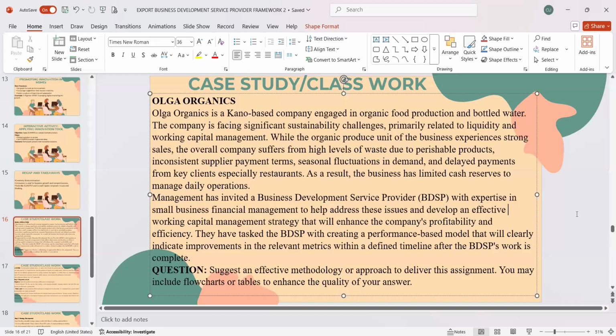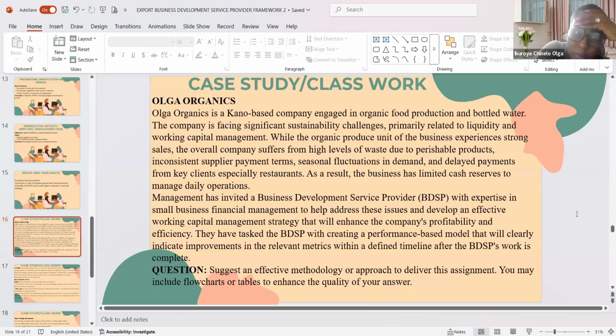Yes, hello, you can go ahead. Chinelo. Thanks so much for your presentation so far. Okay, my own contribution is this way. I tried to listen carefully to know what is actually expected of us. We are asked to come up with a design that is performance based, as a BDSP, to solve the client's problem.